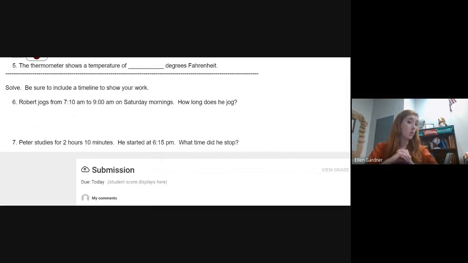If you said 1 hour and 50 minutes, that is correct. A timeline will help you for that, or you can think of it as really close to 7 o'clock. It's just 10 minutes past that. So that's 2 hours, and then take away 10 minutes. Or you could think 50 minutes on gets you to 8 o'clock, and then 1 hour gets you from 8 to 9.